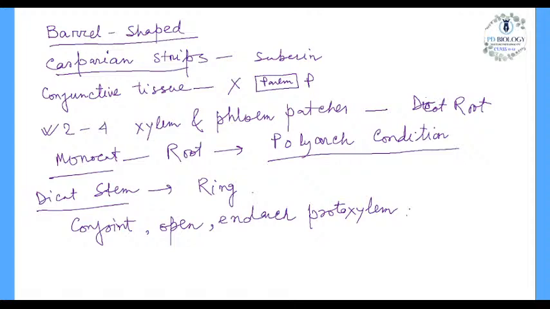Monocot root does not undergo any secondary growth. The hypodermis consists of a few layers of collenchymatous cells just below the epidermis.